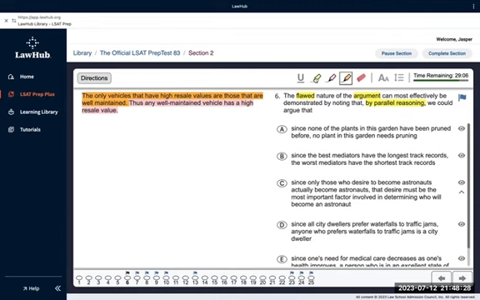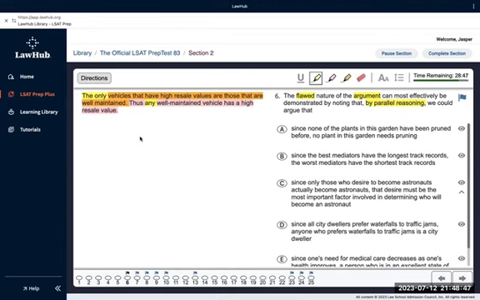I would note that there is conditional language. The phrase "the only" indicates a sufficient condition, and the word "any" also indicates a sufficient condition.